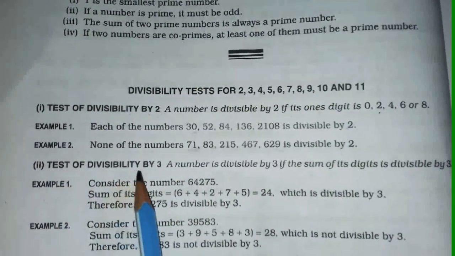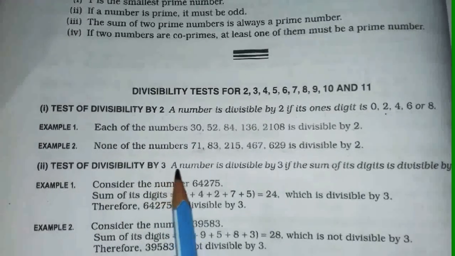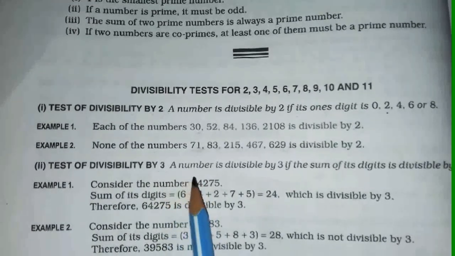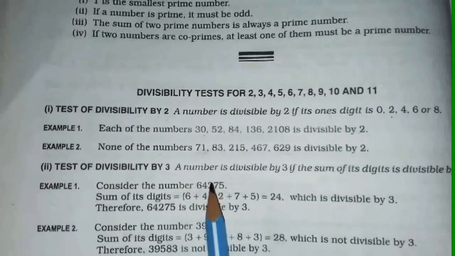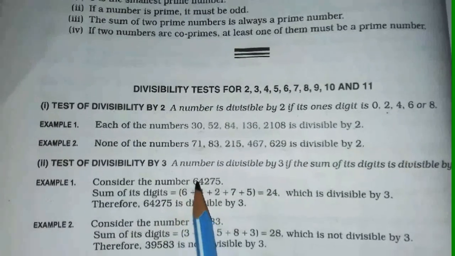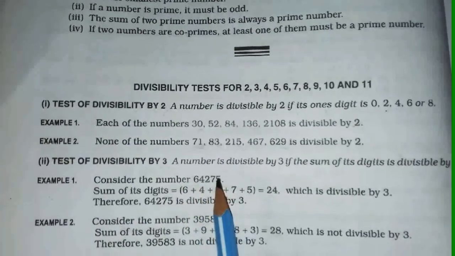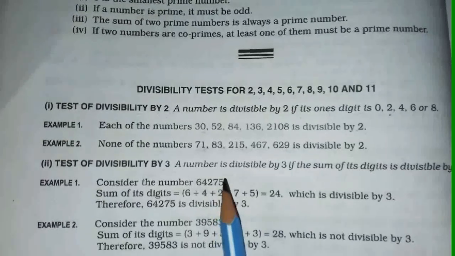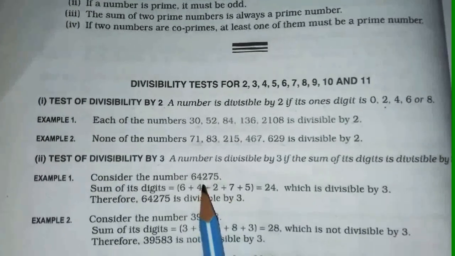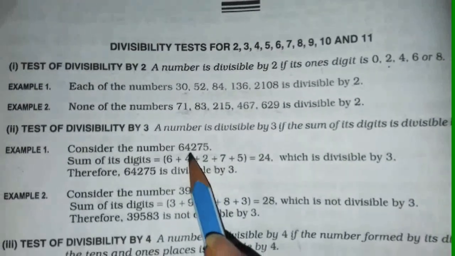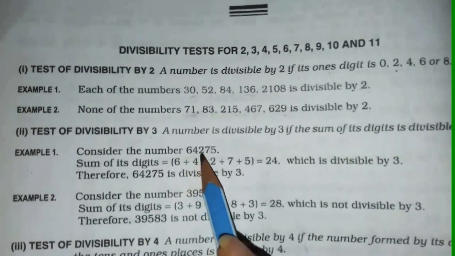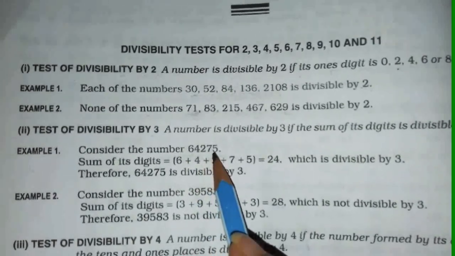Next, the test of divisibility by 3. Divisibility by 3 says that the sum of all digits of a number should be divisible by 3. For example, 64,275.